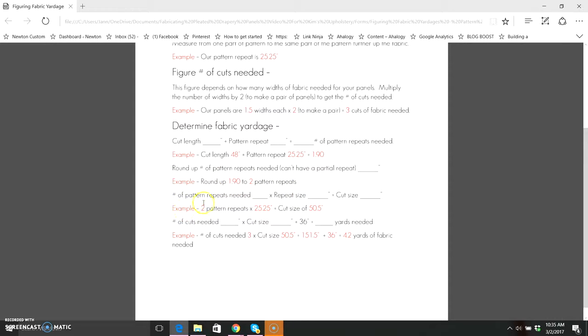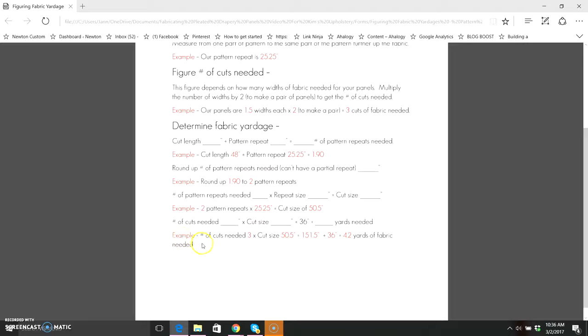Next, we would take the number of pattern repeats needed, multiply it by the repeat size, and that would give us our cut size. In our example, we needed 2 pattern repeats multiplied by 25.25, our repeat size. That gives us our cut size of 50.5. Next, we would take the number of cuts needed, multiply it by the cut size, divide that by 36 inches to get the yardage of fabric needed.